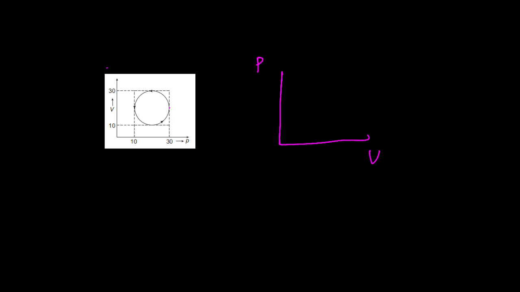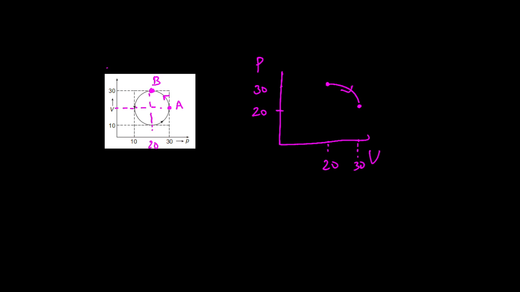So let's say we start at this point A. At A the pressure is 30 and the volume is 20. Do you understand? Pressure 30, volume 20. From there it should go to this point B, where pressure is 20 and volume is 30. Did you understand?